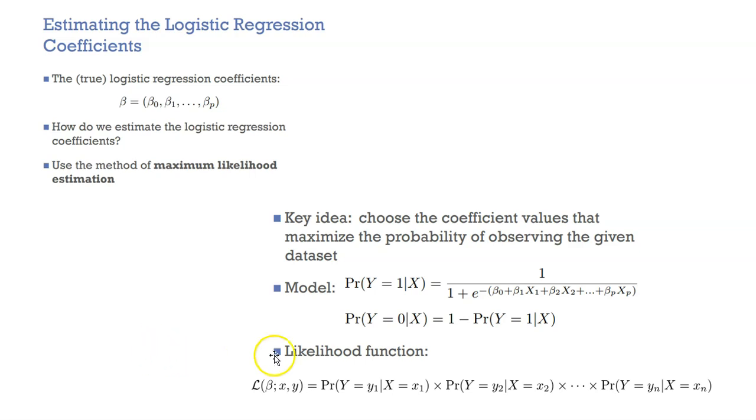And the likelihood, or the total probability based on beta, x, and y, as explained in the previous slides, would be equal to the probability of y equal to y1 given x equal to x1, multiplied by the probability of y equal to y2 given that x is x2, where y1, x1 are the conditions of the first client, second client, third client, up to the nth client.